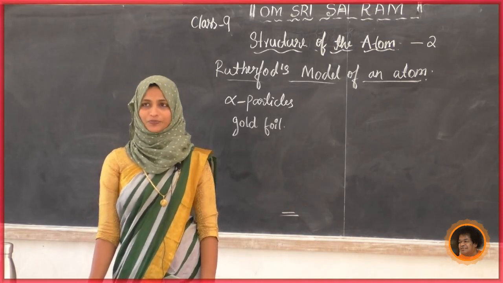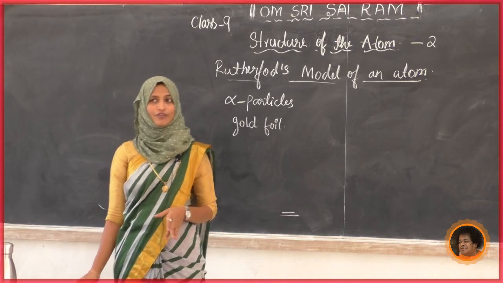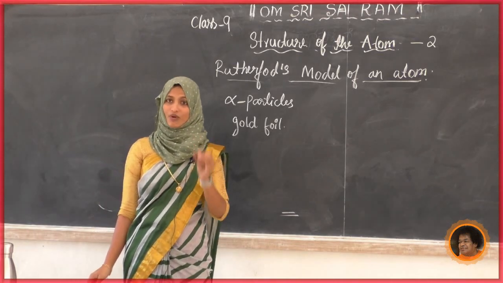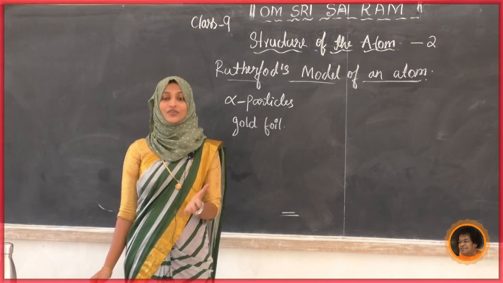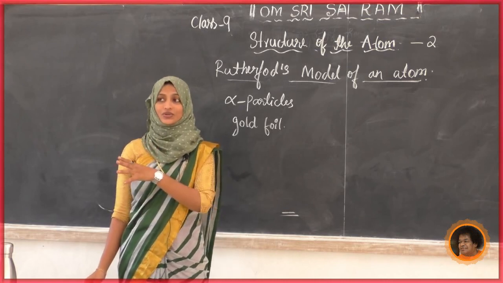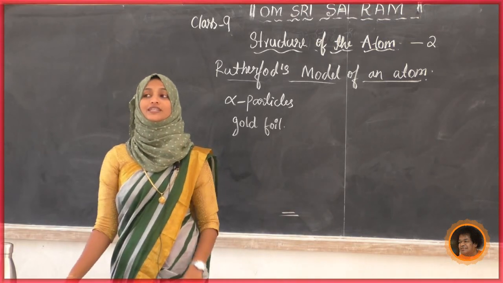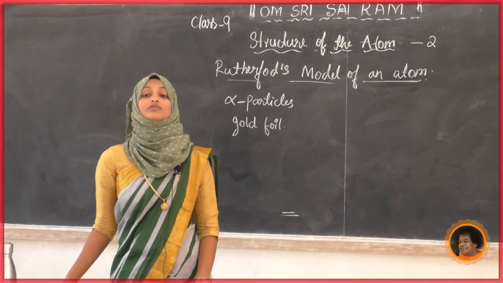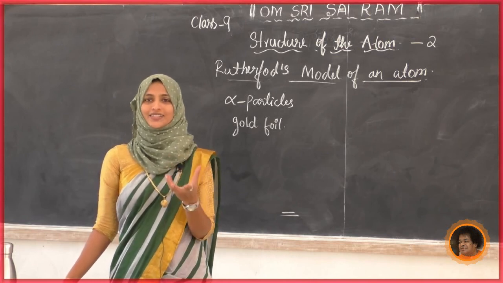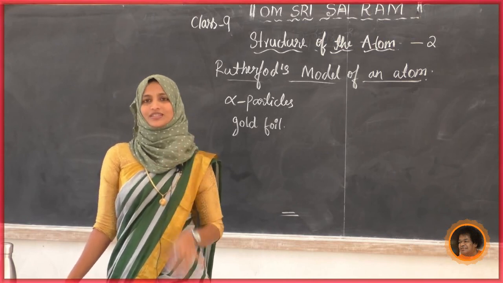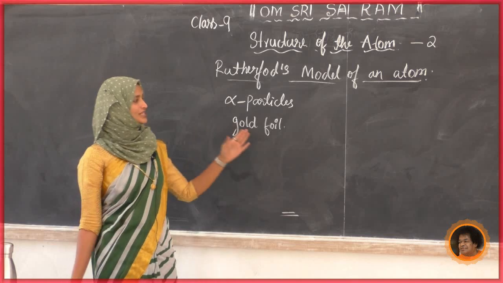Next, why is he taking gold foil? It is because he wanted layers as thin as possible. The thickness of this is almost 1000 atoms. Just imagine how thin the gold foil is.